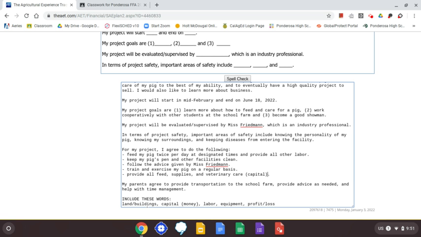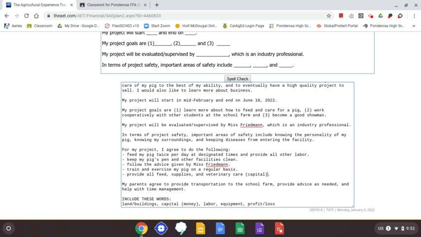Well, if you're keeping this at your parents' place, they own the land and the buildings. So you would loop your parents in and say that they will provide the land, the buildings, maybe the electricity, the water, transportation, whatever your parents are agreeing to provide. If you're keeping it at the school farm, then you need to put in a little blurb about Ponderosa High School.